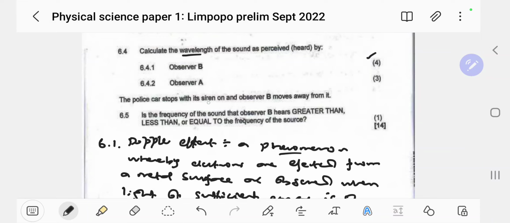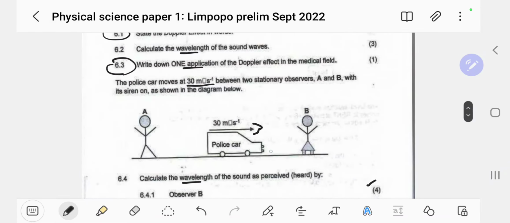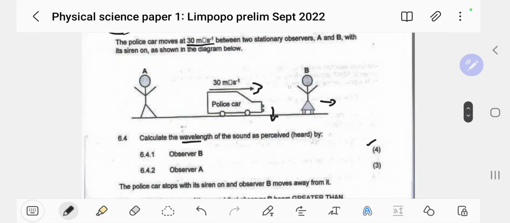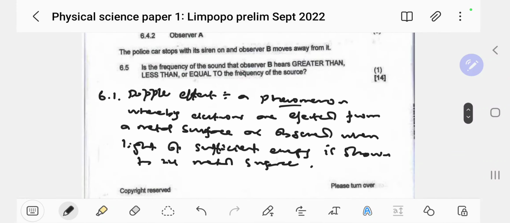And then now we are told here the police car stops with its siren on, and observer B moves away from it. Okay, so meaning, let's just say it stops right here, and then this one starts moving away. If this one moves away, this one will hear less of what is emitted. So maybe it's a question on that. So now it says, is the frequency of the sound that observer B hears greater than?